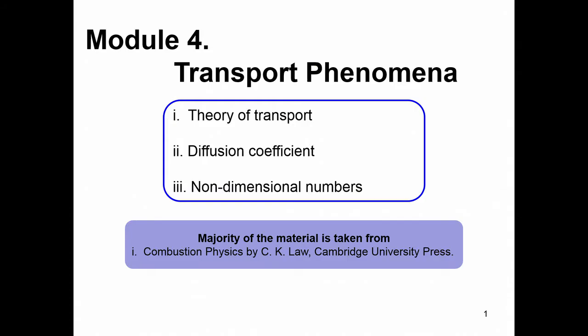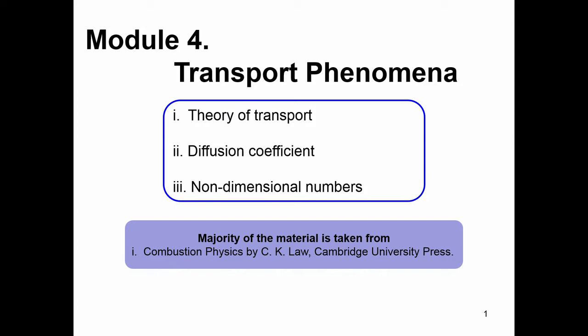So we will understand the theory of transport, and then we will look into the coefficients which control this transport, which are functions of the composition of the gas, or the nature of the molecules present in the gas.